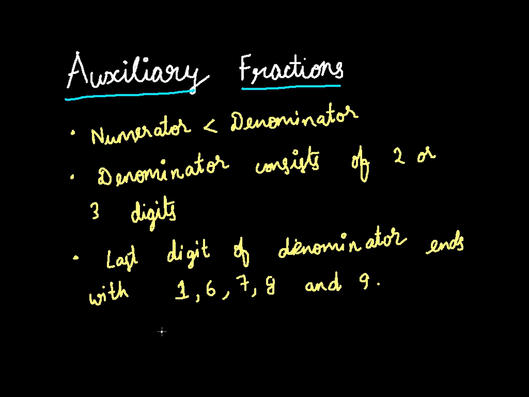Suppose a divisor or denominator ends with 2, 3, 4, 5 or 7. You can convert it to 1, 6, 7, 8 or 9 by multiplying with a proper number.